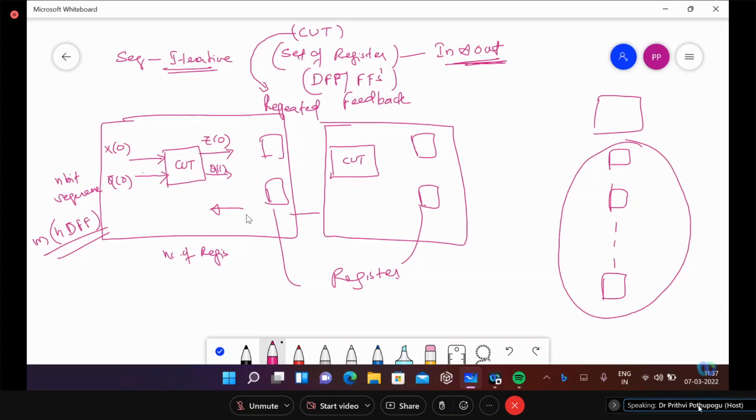Then we allow this circuit to generate a new output based on the inputs and the test sequence, giving sufficient time to generate a new output and new status. After that, we store this response onto the registers.